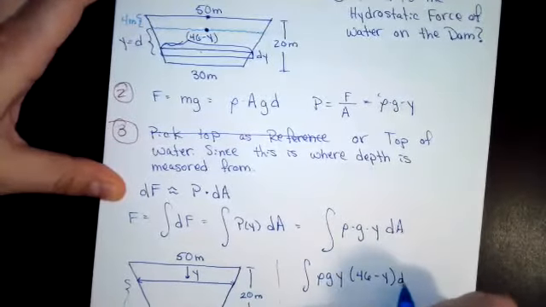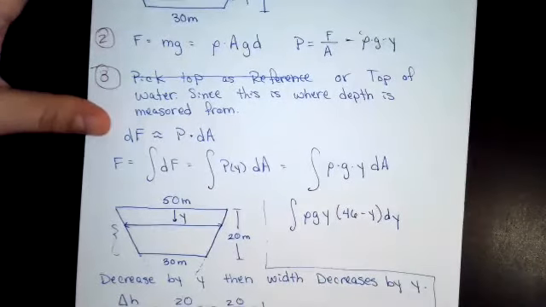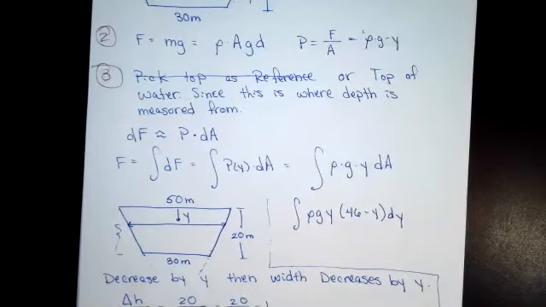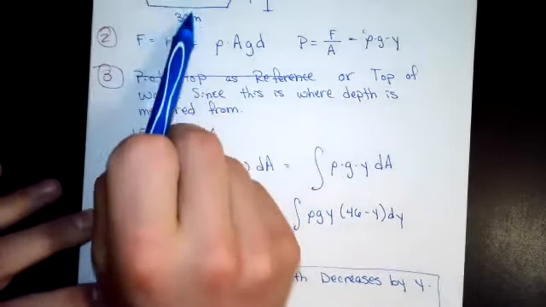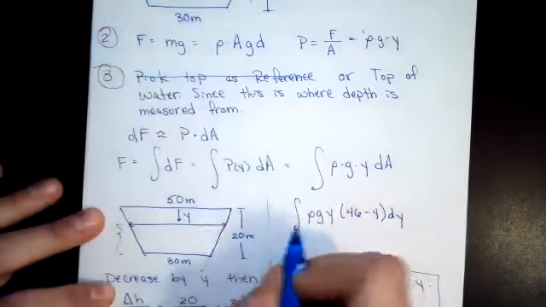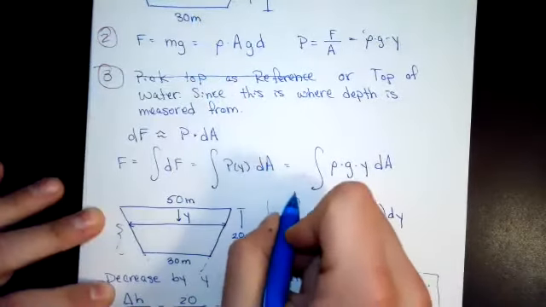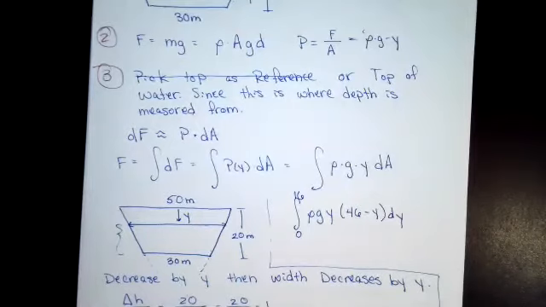And then, of course, the height is just dy. What are the total y ranges we're working under? Starting at a depth of 0 and working downward, my depth goes all the way down to 16. Does that make sense?